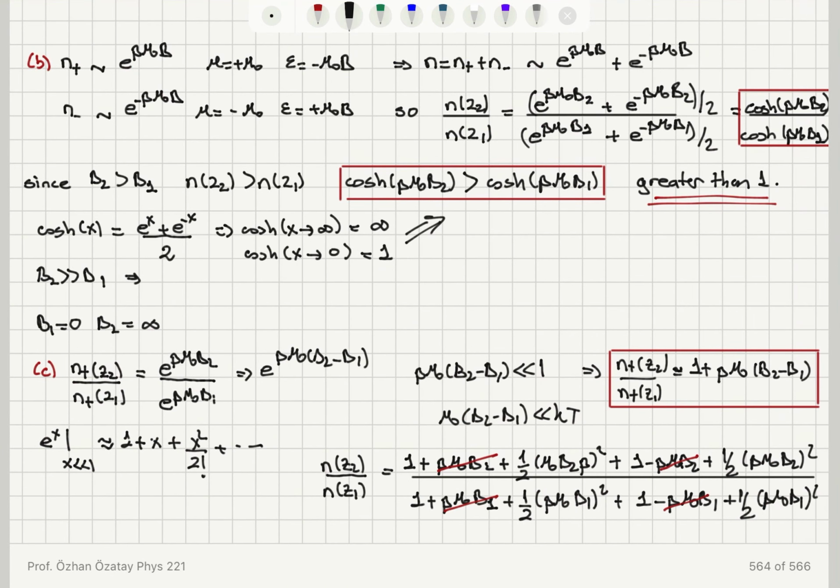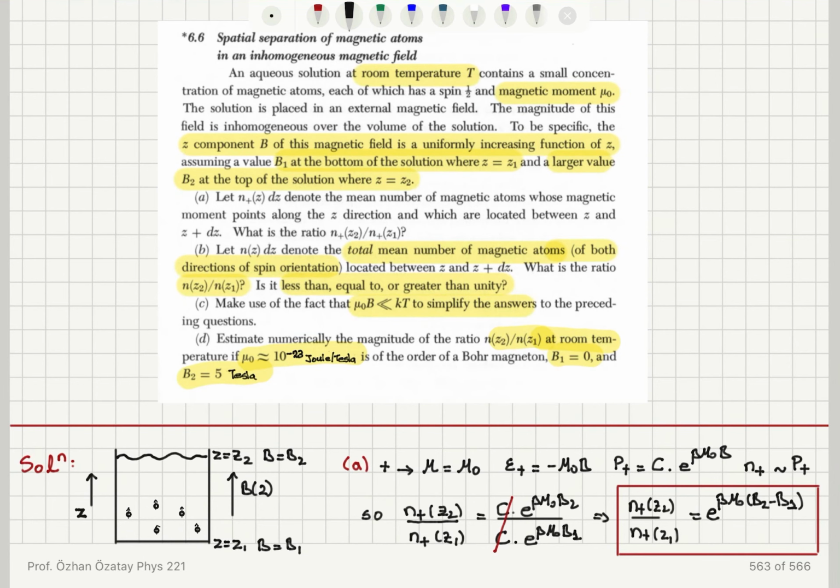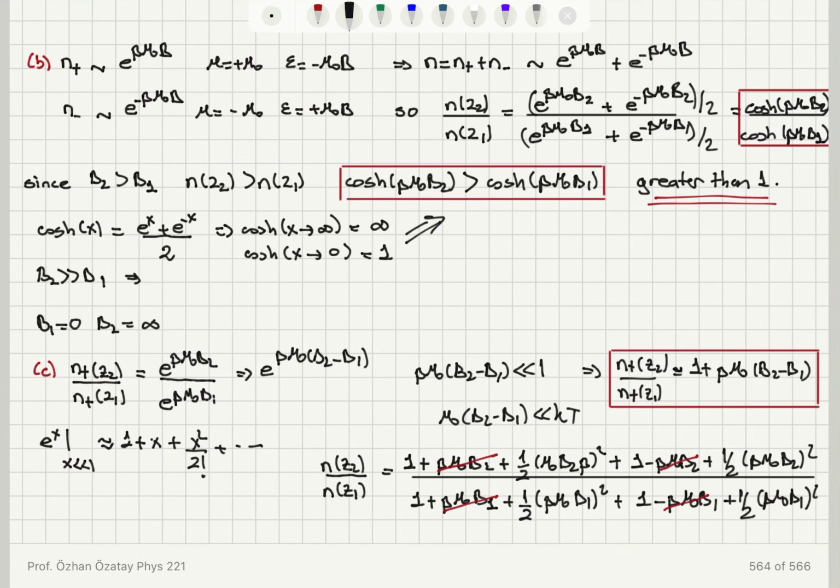On the other hand, when we calculate the total mean number of magnetic atoms of both directions, we have to consider n plus and n minus, and then we have the ratio of e to the beta mu 0 B2 plus e to the minus beta mu 0 B2 divided by e to the beta mu 0 B1 plus e to the minus beta mu 0 B1, which gives us a cosine hyperbolic ratio.